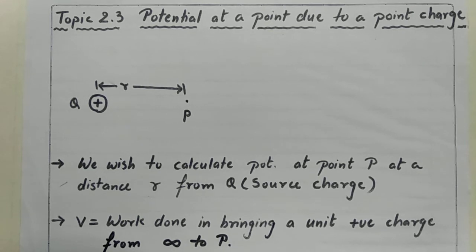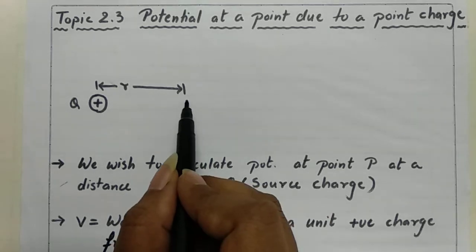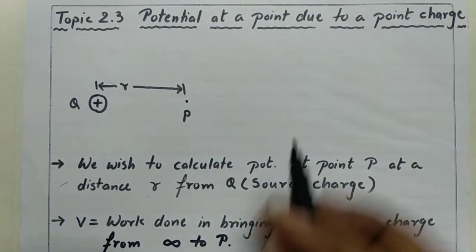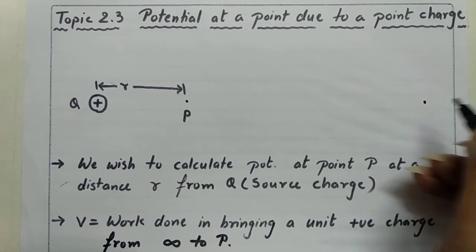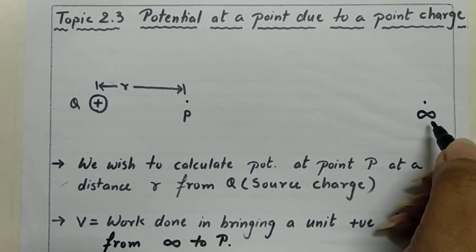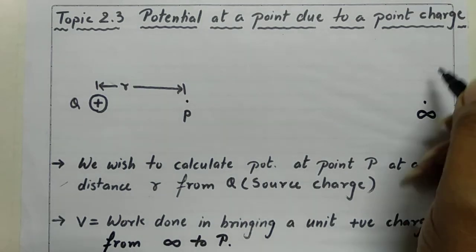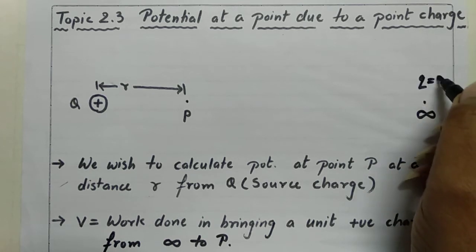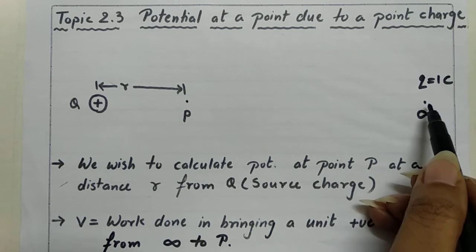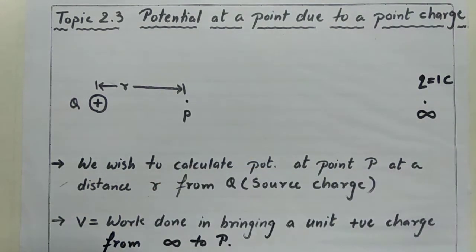Suppose this is infinite distance, and I have a unit positive charge here. This is my test charge, which I want to bring from infinite distance to this point, and I need to calculate the work done for that.